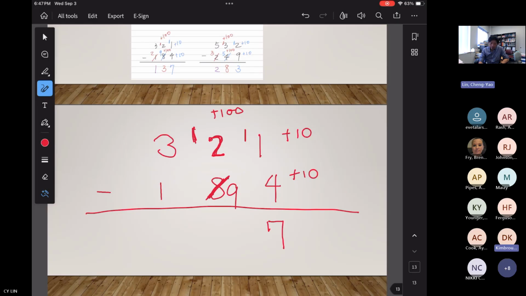Then at the same time, I want to add 100 on the bottom. So therefore, 100, I change it into 200. Now I have 120 minus 90. Do I have enough? Yes. I take 120 minus 90, which is 30. That's why I put a 3. The 3 is actually 30. Is that right?